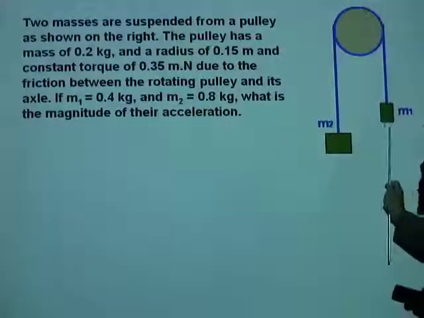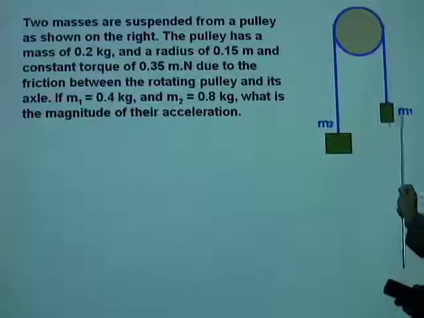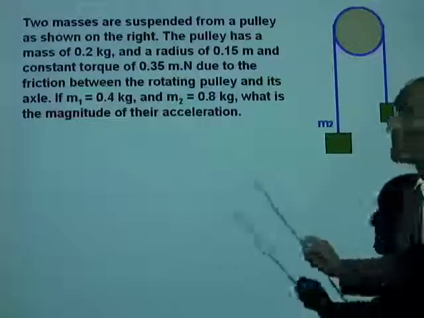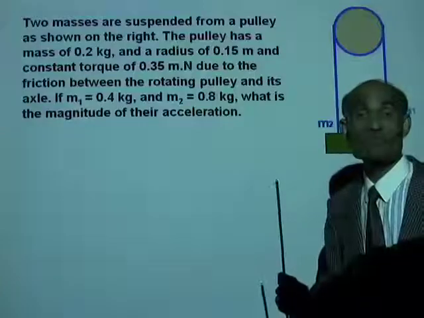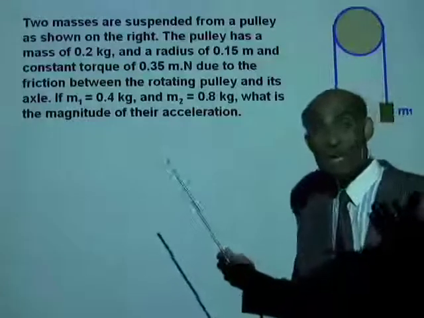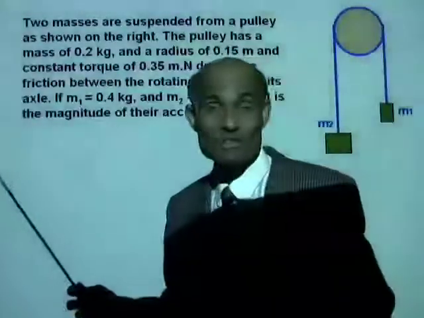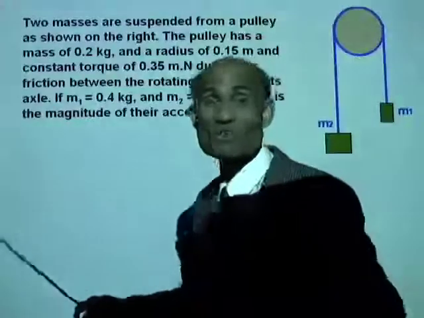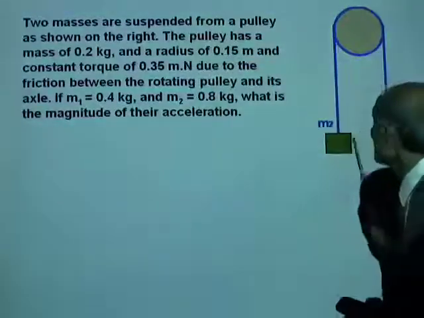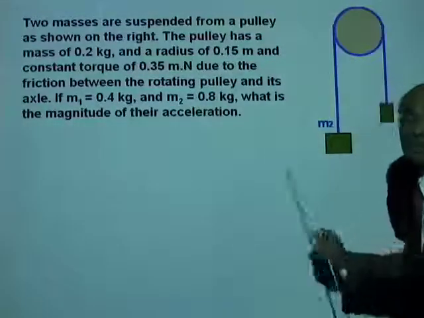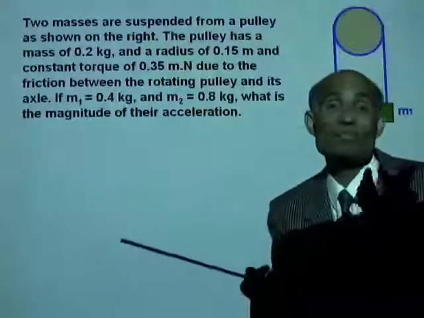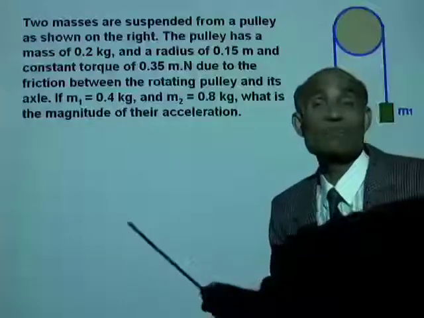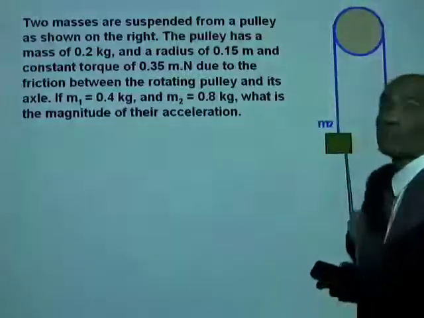We will look at the net force acting on m1 and the net force acting on m2, and use the law of motion, F net equals ma, because the motion of m1 and m2 are both linear.